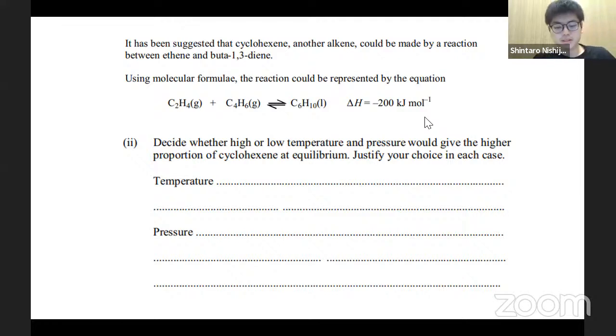Oh, do you want the answers for this question? Sorry. It was low temperature and high pressure. I'll show the mark scheme as well. Let's check which question it was. Question 13. I'll try and get that up as quickly as possible because the meeting will end soon.